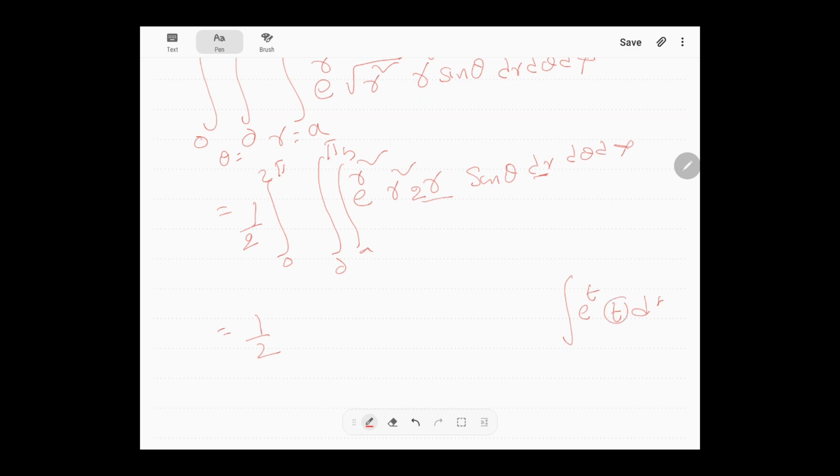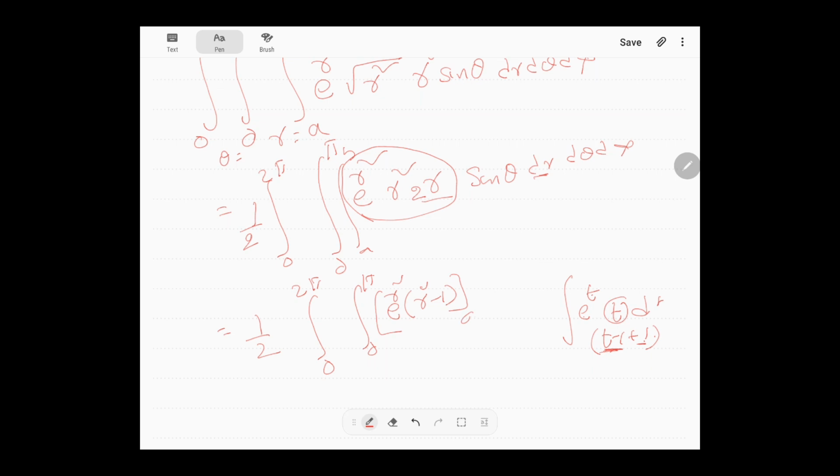Now, e power t, this t, I will write it as t minus 1 plus 1. It looks like e power x into fx plus f dash x. The derivative of this is 1. E power x into fx plus f dash x integral is e power x into fx. For integral 0 to 2 pi, integral 0 to pi, so for t is my r square, e power r square into r square minus 1. This is the integral for this.